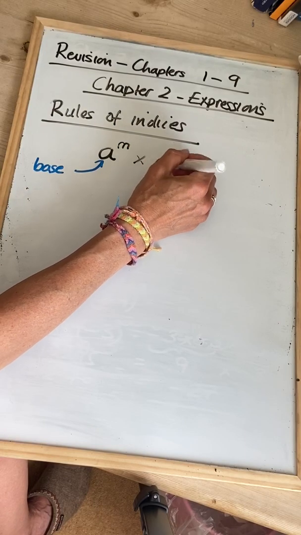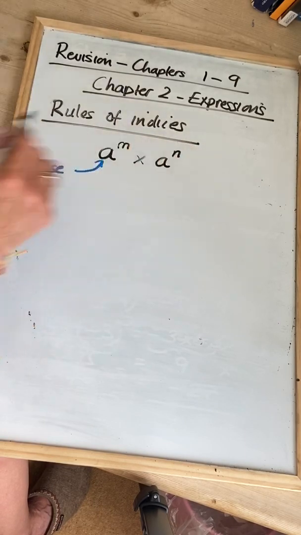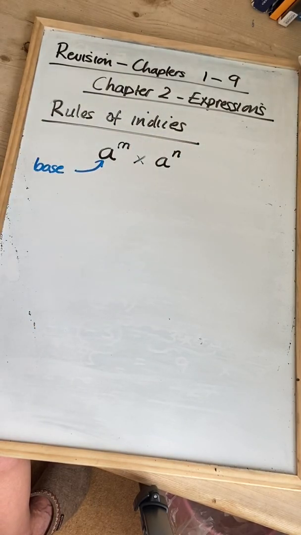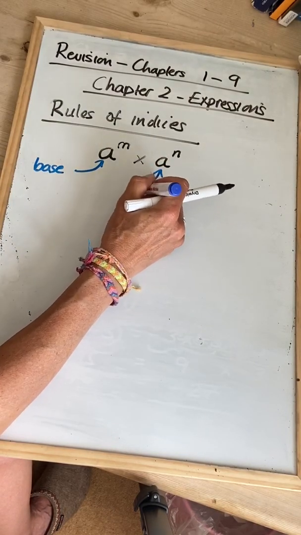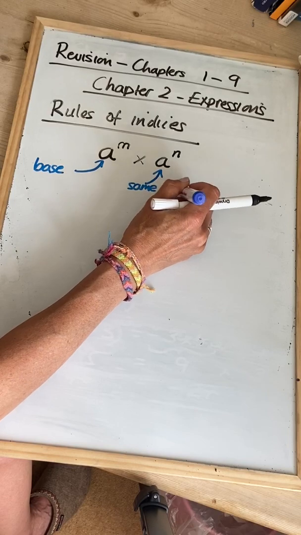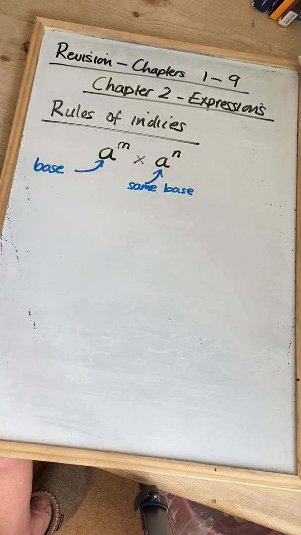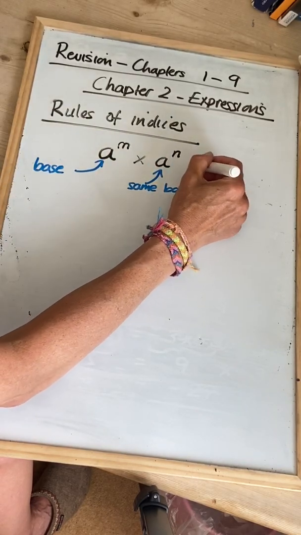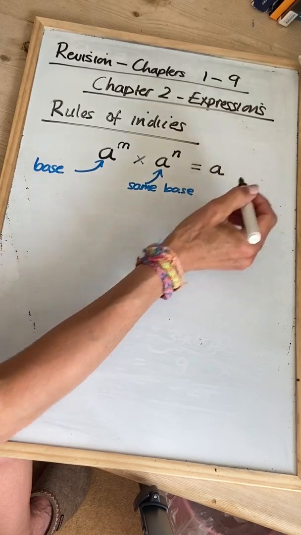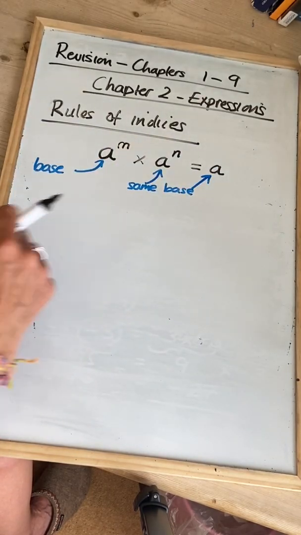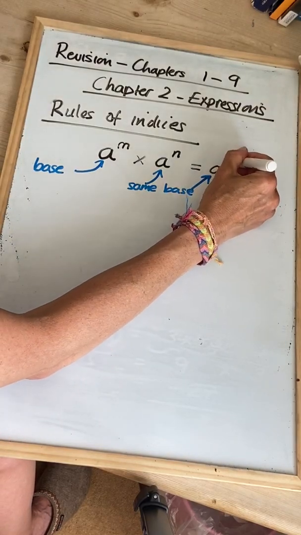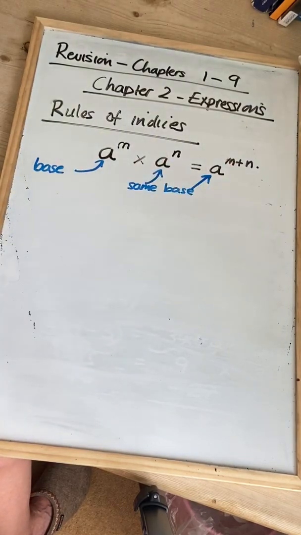If I multiply that by a to the n, where n is a different number, remember this is the same base, then the rule is that the answer that you get is the same base raised to the power of m plus n.